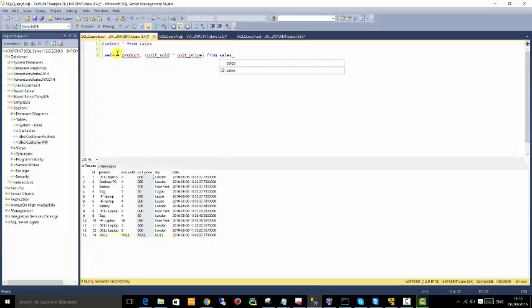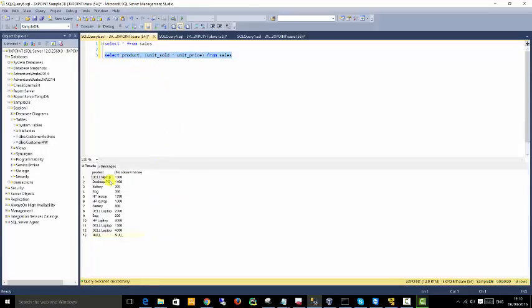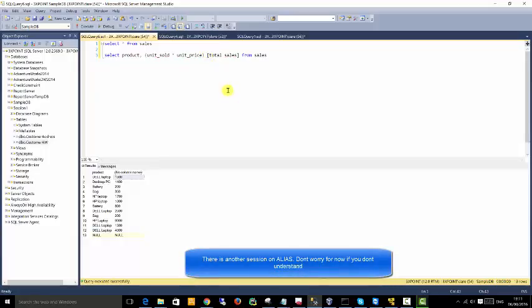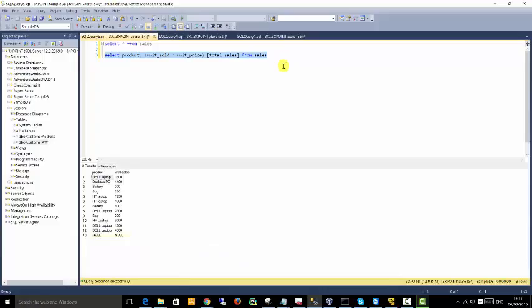So from sales, and if we run this together, you can see we have products and we have the total sales. So let's give this an alias, total sales. You'd observe that I have introduced a square bracket here. If we run this, that's what we get.